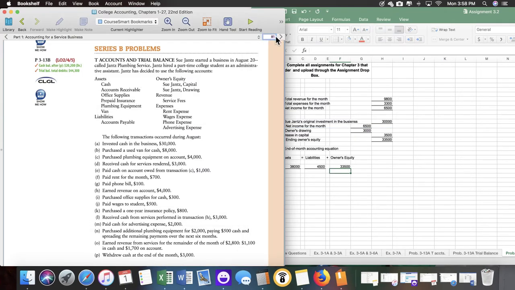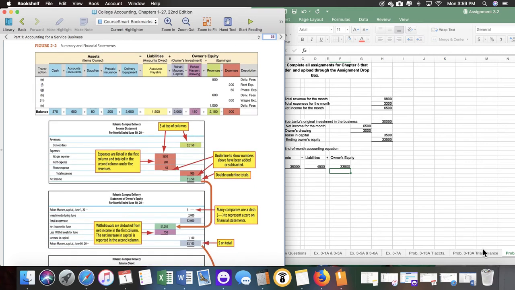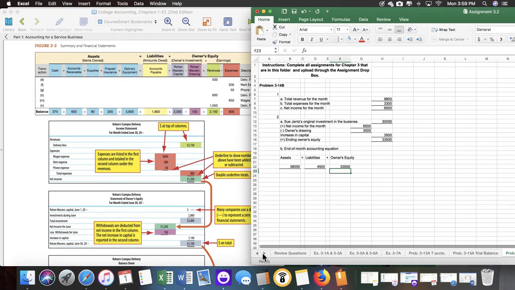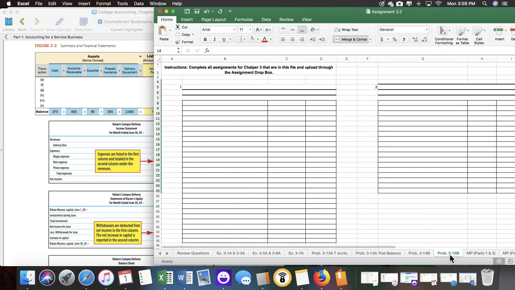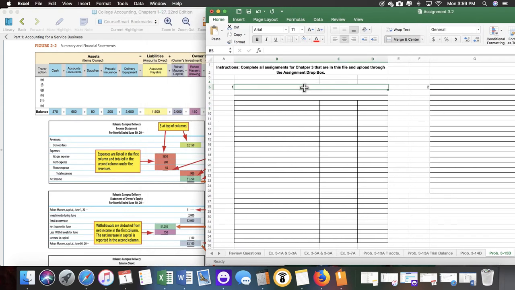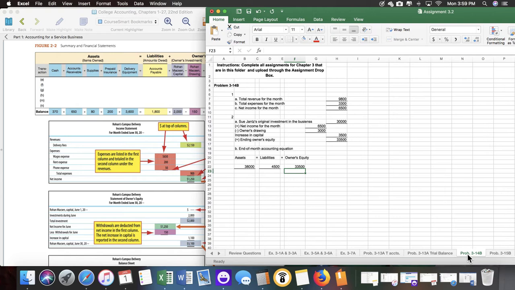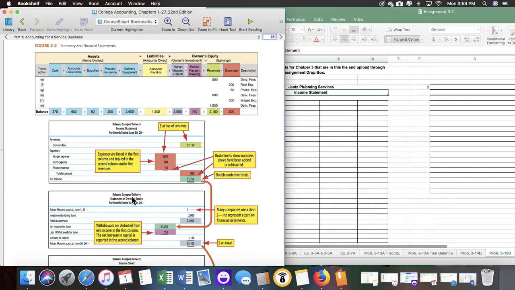So again, if we go to page 33 in our textbook, it'll tell us what financial statements we need. The first one we're going to do is always the income statement. This is Janet's Plumbing Services income statement, and it is for the month ended August, I believe.